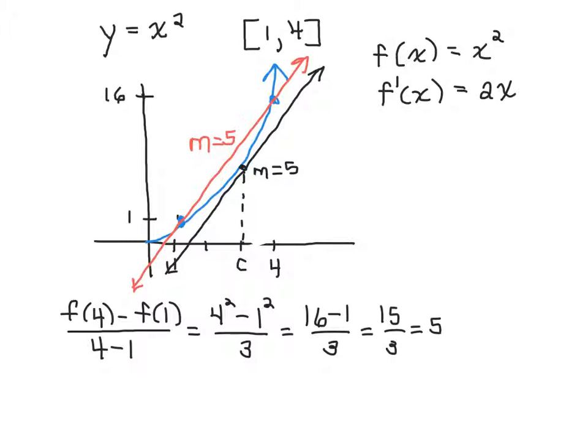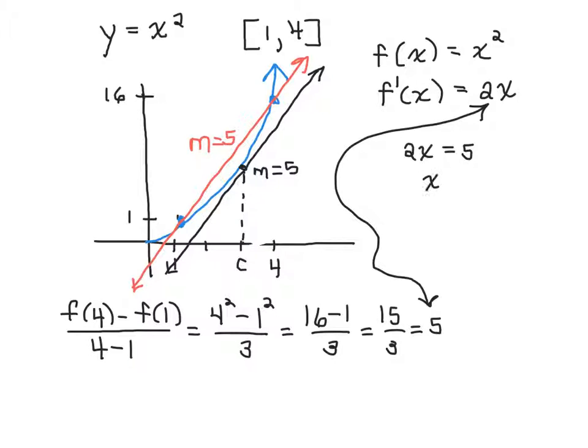Well, in order for this to be true, f prime of C must equal the mean value 5, right? In other words, 2x has to equal 5, because we're trying to find that x value for which this is true.